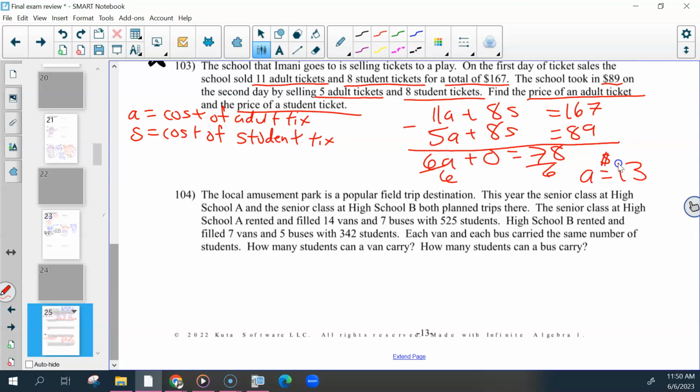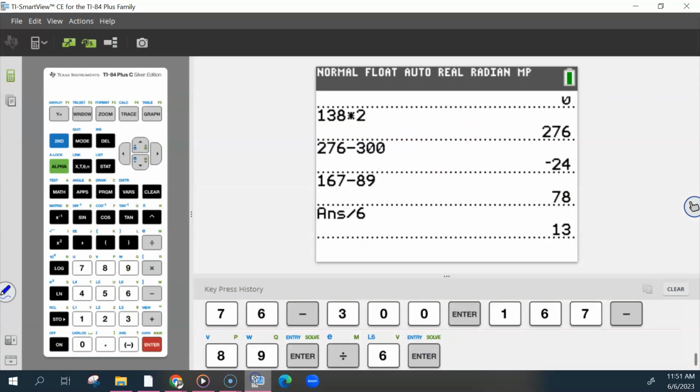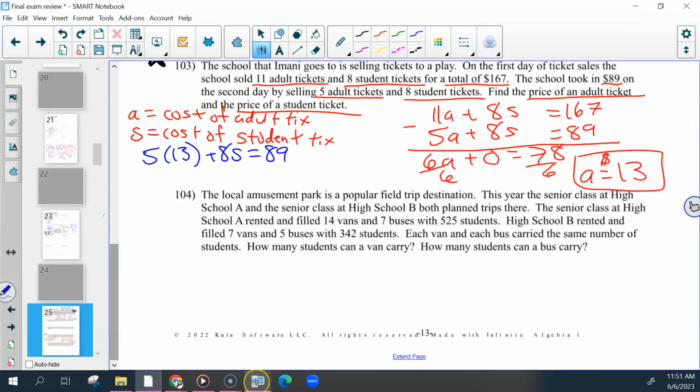Then we still have to find the S. So you can put that 13 into either equation, doesn't matter. Let's say I put it in the bottom one. And then I could use that to solve for S. $65 plus 8S equals 89. Subtract both sides by 65.